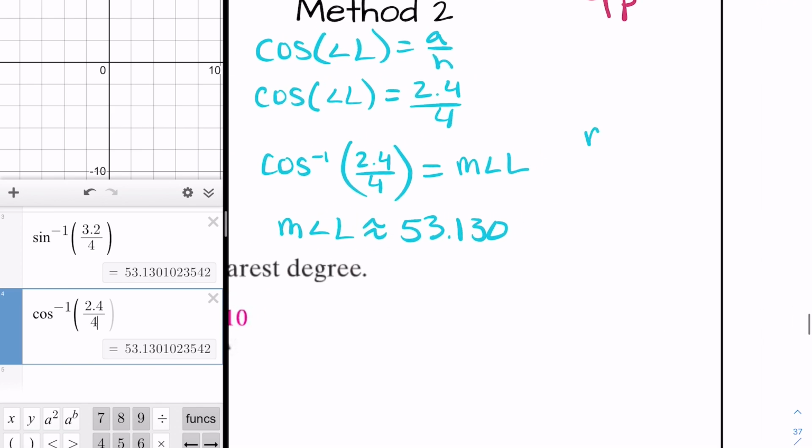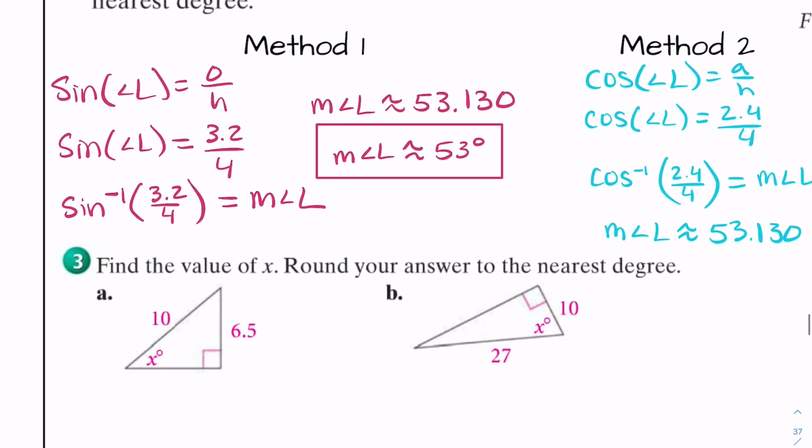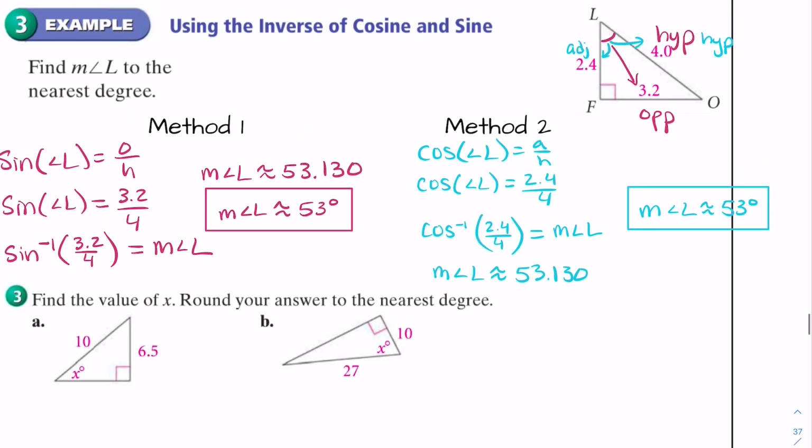It's approximately the exact same thing. It's weird to use approximate and exact in the same sentence, but as before, what we have is 3.2 over 4 for sine inverse, but for cosine inverse we have 2.4 over 4, and no matter what, they end up being 53 degrees approximately.